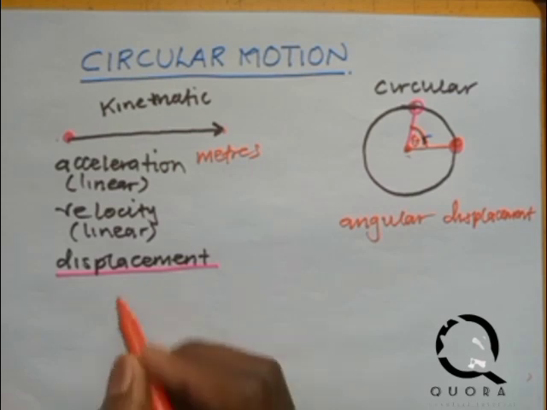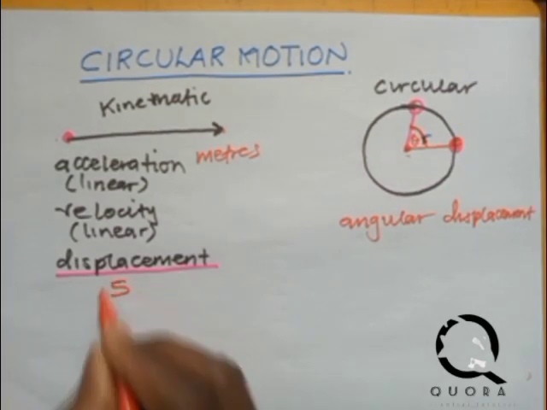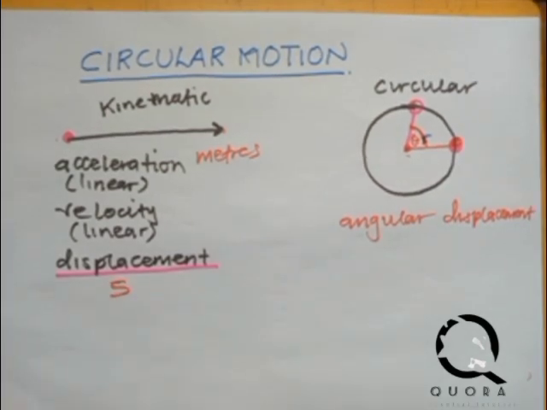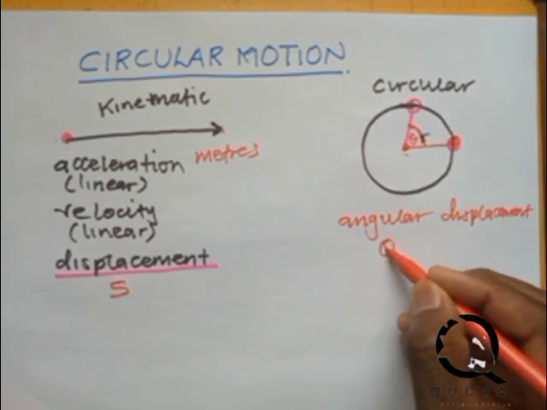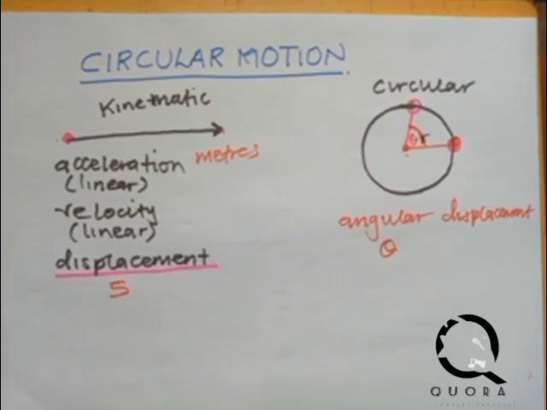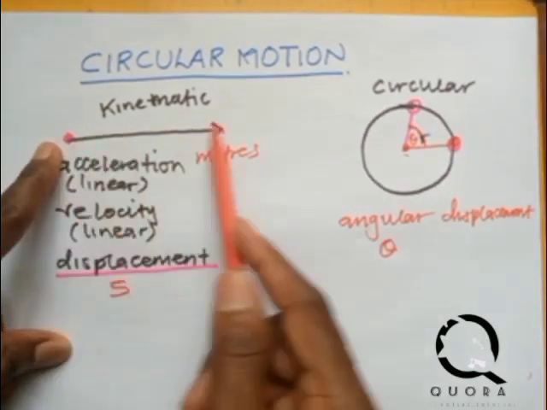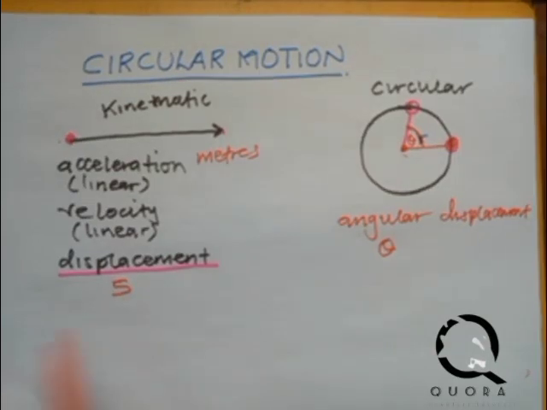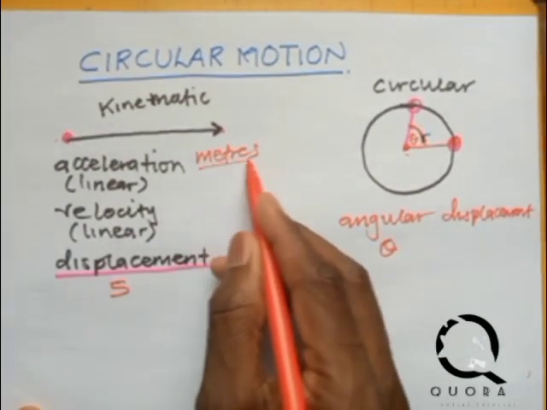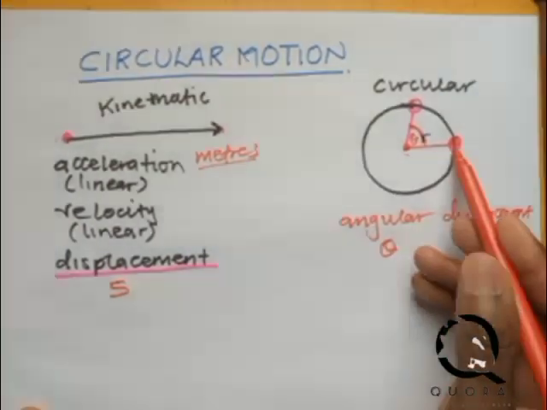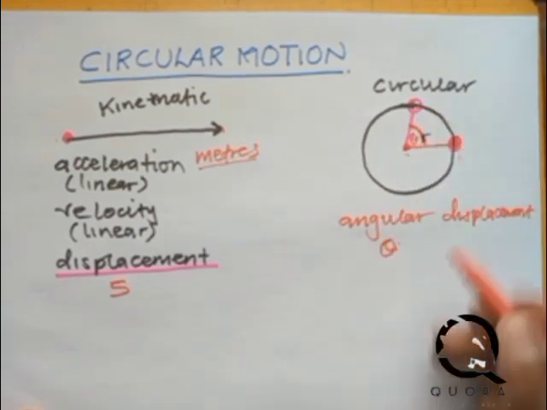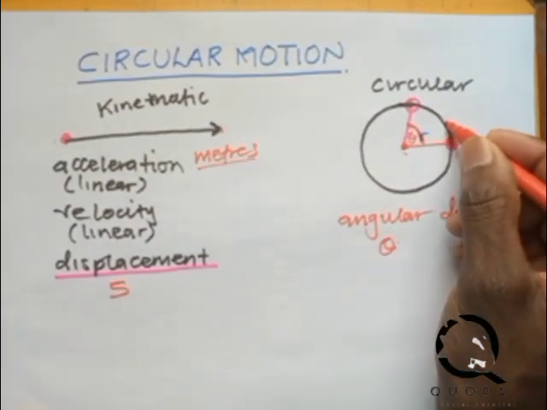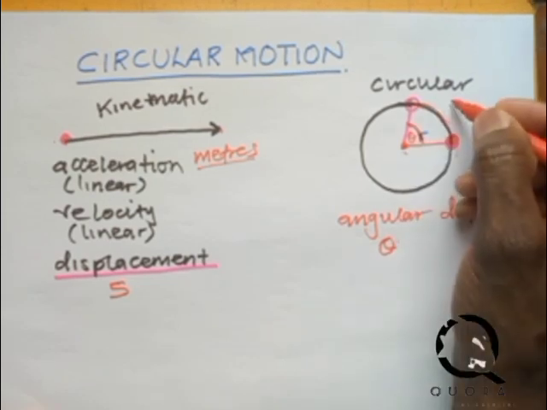For displacement here, you can label it with letter S. But here, you find that the angular displacement is denoted by the symbol theta. So whenever you move from this given point to where the particle is going to rest, that displacement has to be measured in meters. But here, if you sweep this given angle as the distance, the path it is going to take from here up to where it is called an arc length.